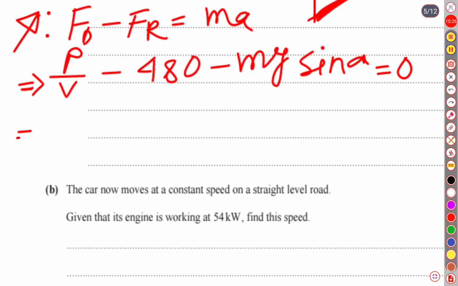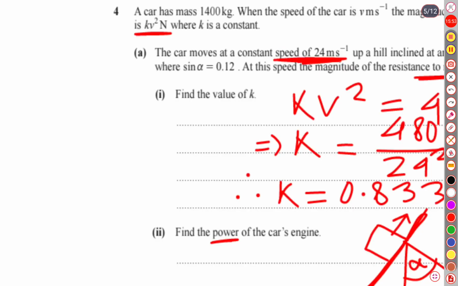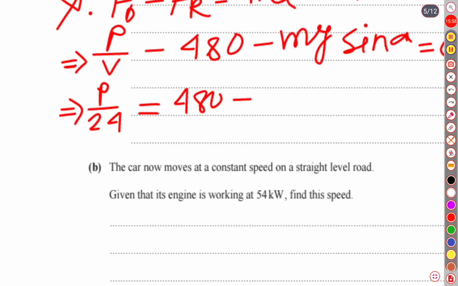Well, power is to be obtained, so P over V minus 480, we can write them on the right side. Velocity is given, constant velocity was 24, equal to 480 minus the mass of the car, which is 1400, and acceleration due to gravity is 10.